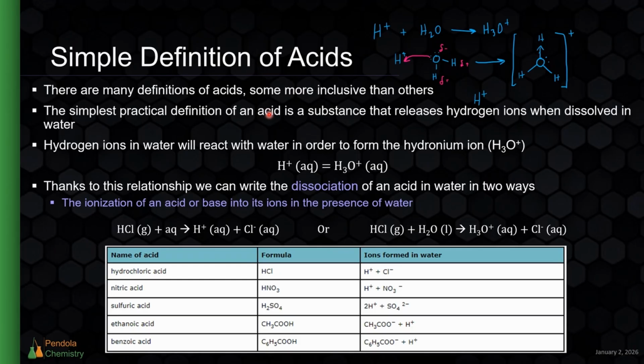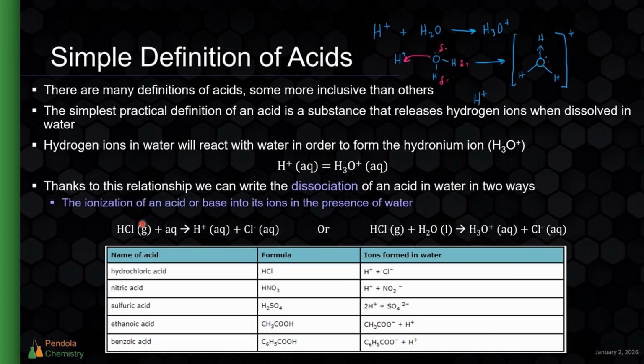So like I was saying, we can write the dissociation of an acid in water in 2 ways, because we can either write it with H plus or with hydronium, H3O plus. The first way will be to write an acid. We'll take hydrochloric acid, which is a very simple acid, as an example. We'll take the acid and write it as reacting with aqueous, with a lot of water.